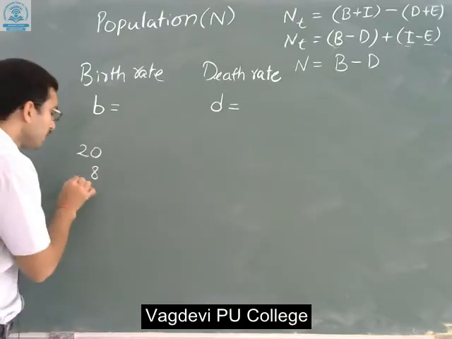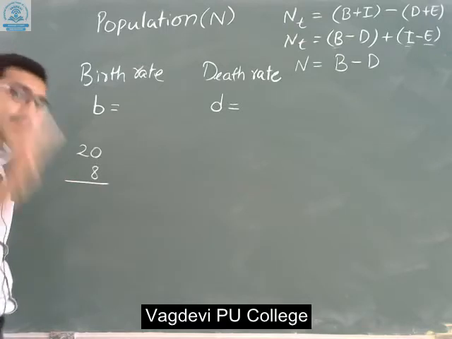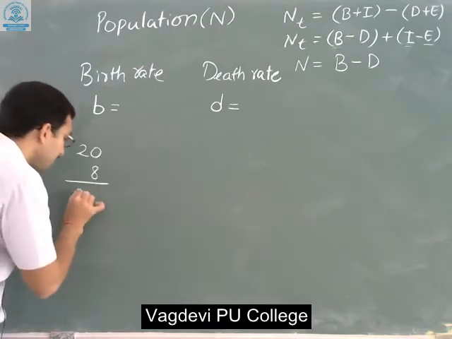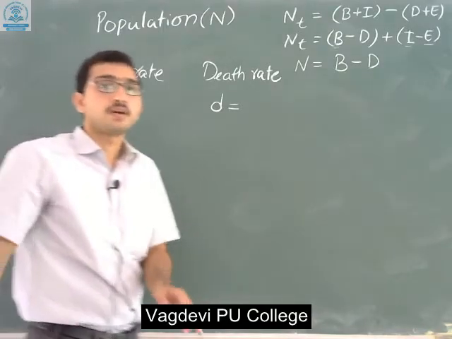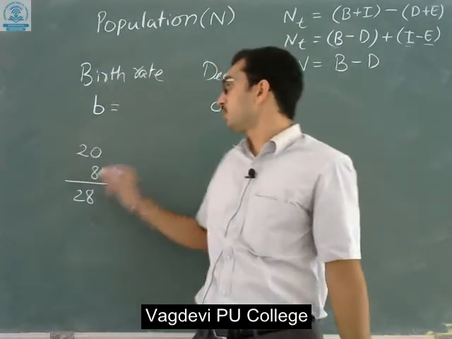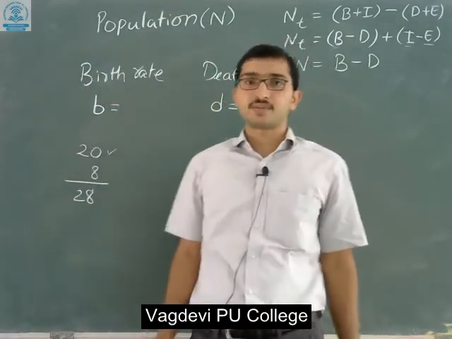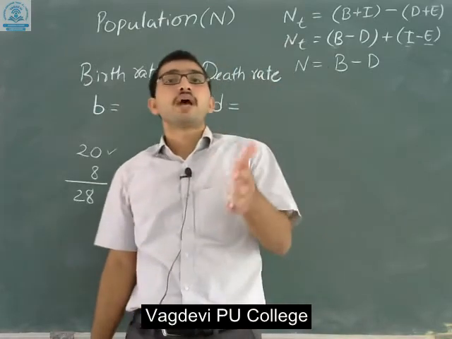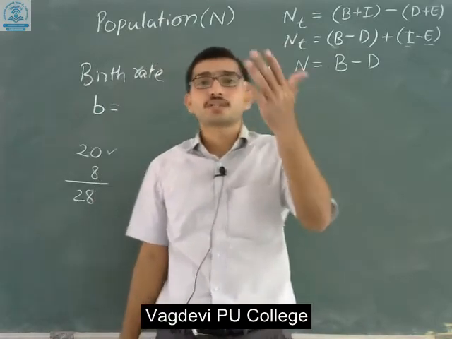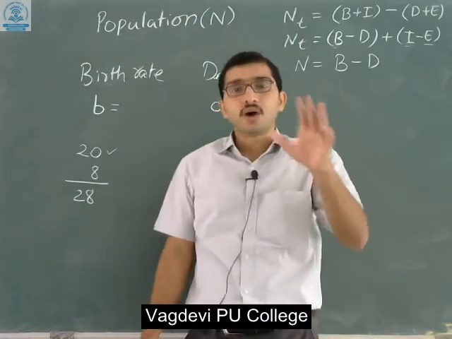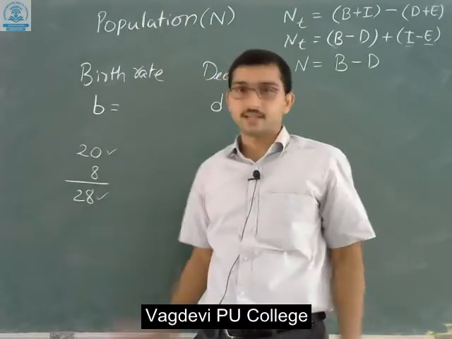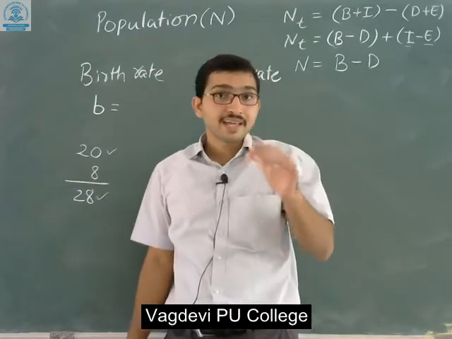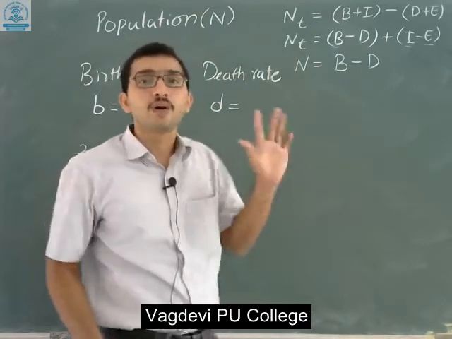So the total number of lotus flowers found in this habitat is 28. In a closed pond, at the beginning you observed only 20 lotus flowers. After some time we have seen that 8 new lotus flowers have germinated. So at last, 28 lotus flowers are present. So there is an increase of 8 in that population.